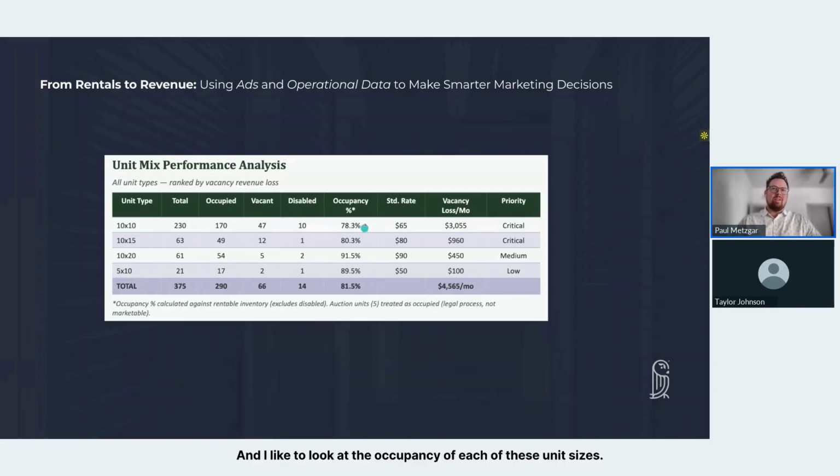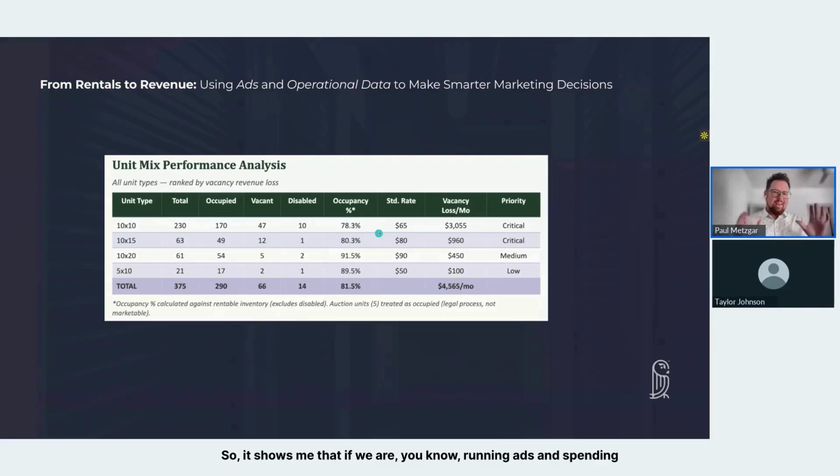And I like to look at the occupancy of each of these unit sizes, so I can start to see any themes. We can tell here that this 10 by 20 is really quite full at 91%. And this 10 by 15 is less so, and the 10 by 10 even more.